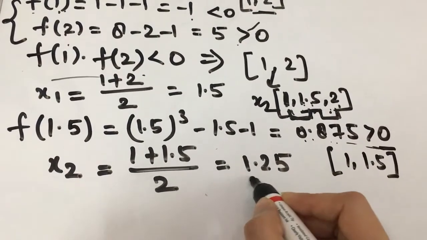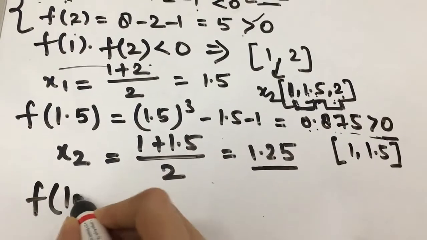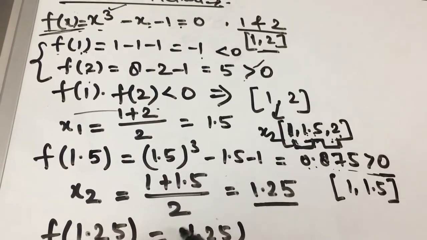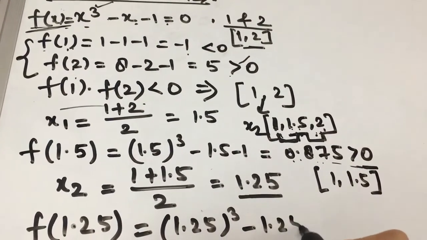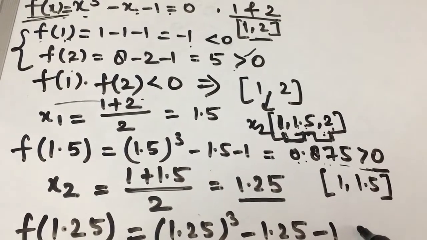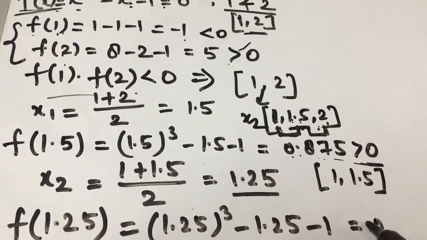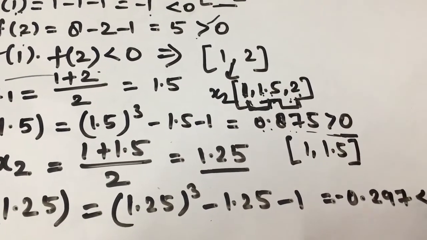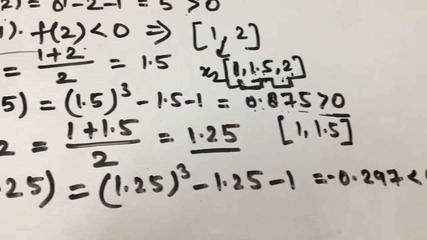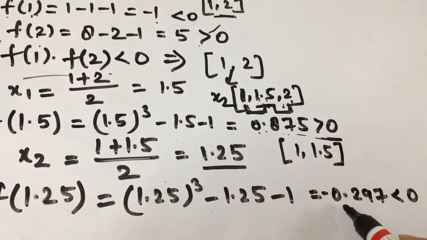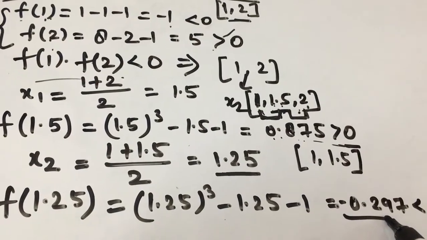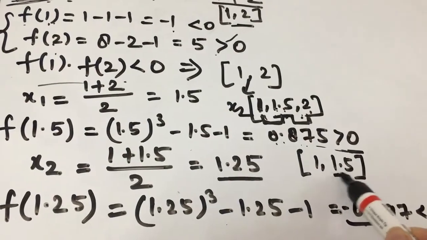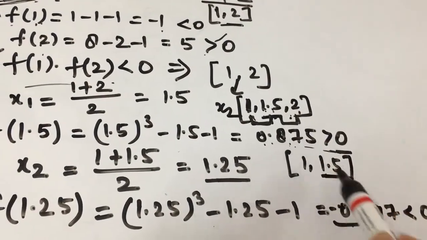Now I need to see the value of f at this root. According to the given equation, its value will be 1.25 cube minus 1.25 minus 1. After solving this I will get negative 0.297, which is less than 0. So now I can see this value is negative and the value at 1.5 is positive.